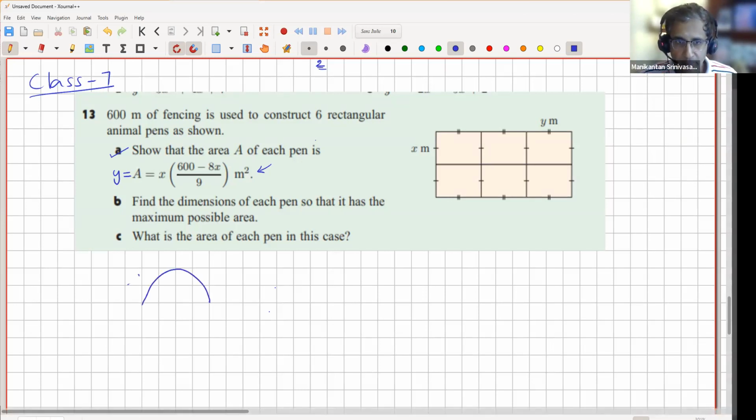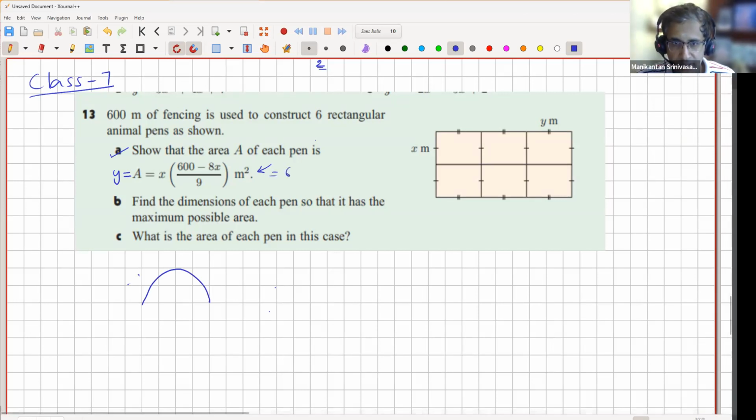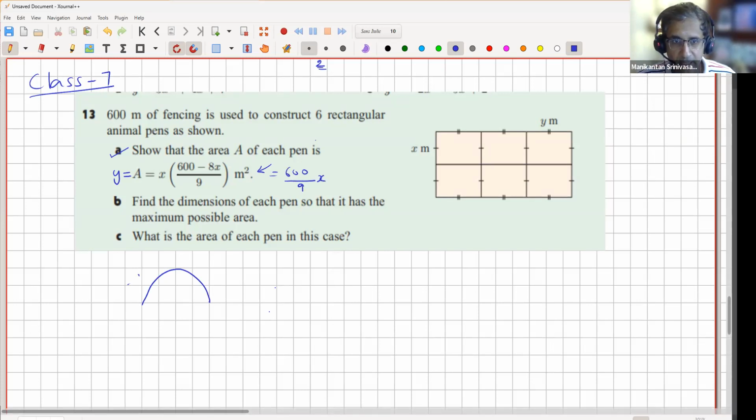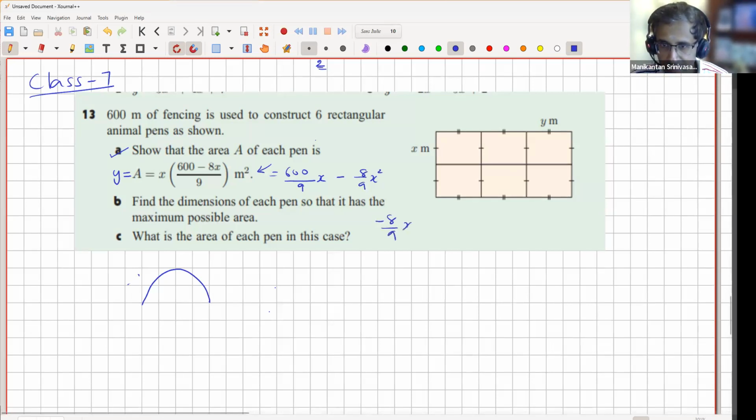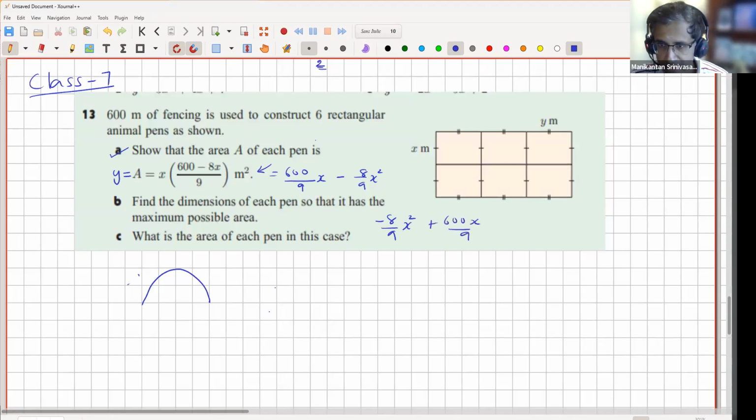How do we know that? Because the x squared coefficient is negative. So 600 by 9x minus 8 by 9x squared. Correct? If I write it as a quadratic ax squared plus bx plus c, this is your A, this is your B, and this is your C.